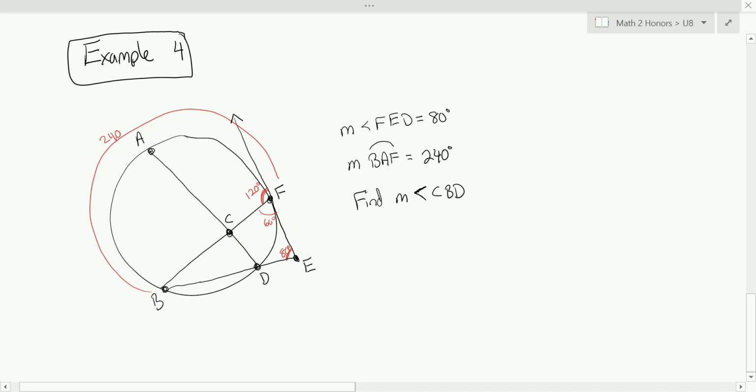And I'm looking at this triangle here, so 80 plus 60 is 140, so we got 40 left. So 40 is, that's one way. Did anybody do it a different way? Yeah, and there's other ways to do it, so I just did it one way. 40 is your answer.